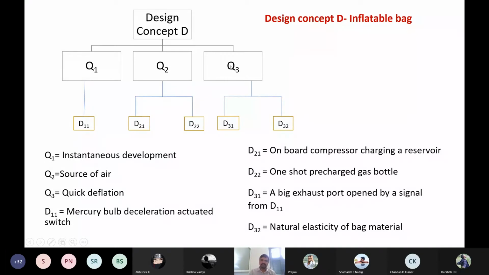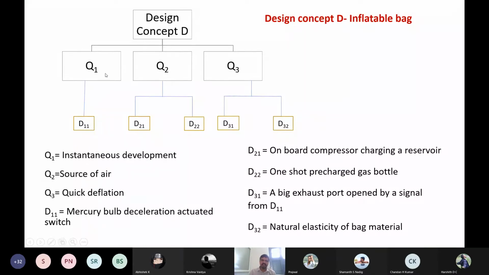The problem is divided into three parts: Q1, Q2 and Q3. If you want to solve D, what is the condition? Do you need to solve all three functional requirements, or if you are able to get only two functional requirements, is that sufficient?